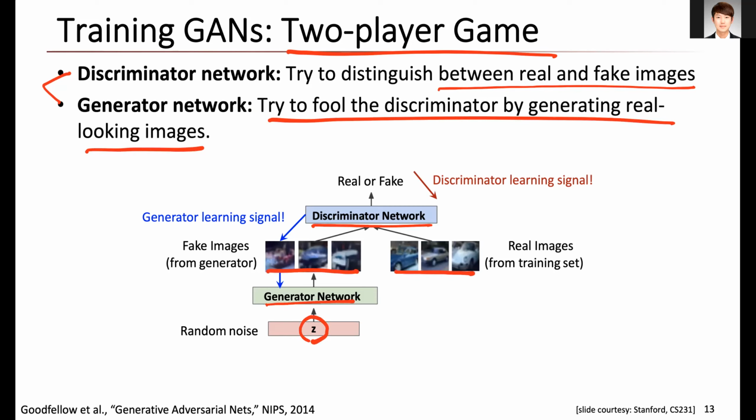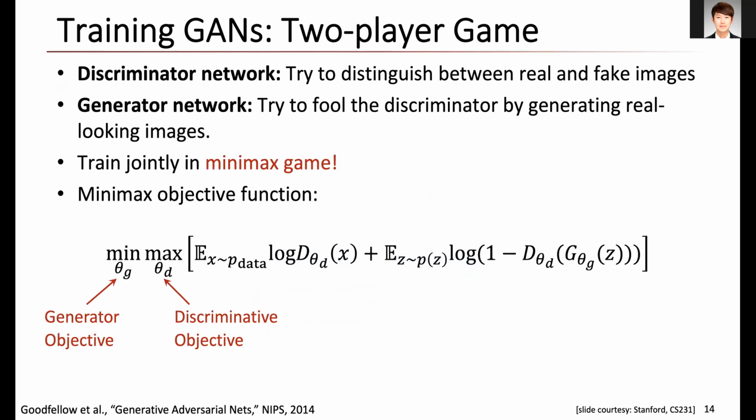Then we train the discriminator with this binary classification problem, and train the generator to fool the discriminator by generating real-looking images. So how can we do that? We can train jointly in a minimax game, because they have two different objectives.